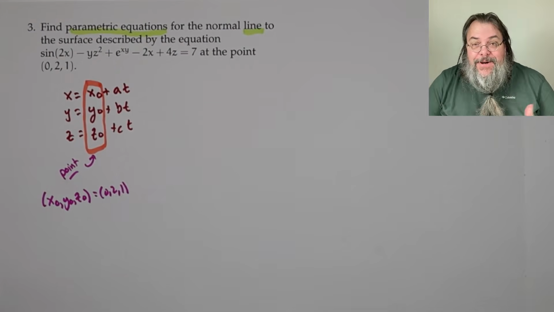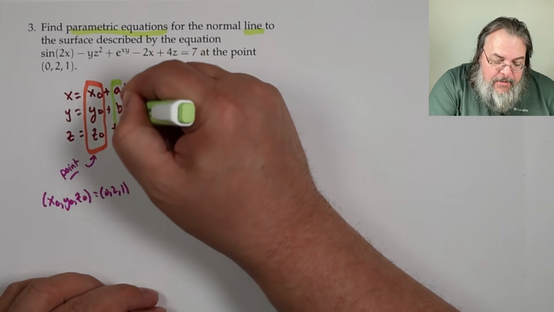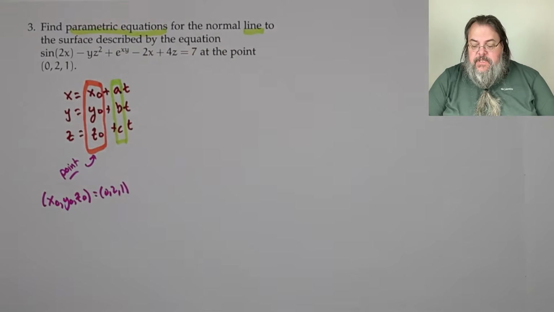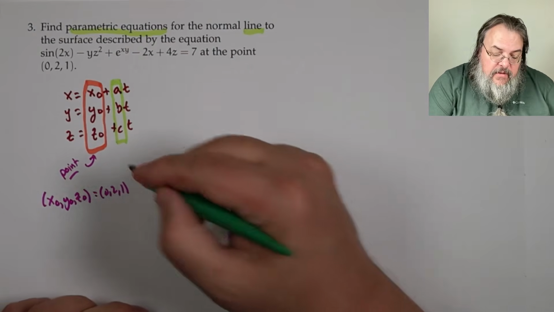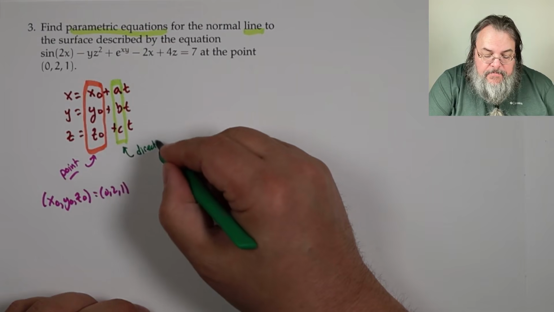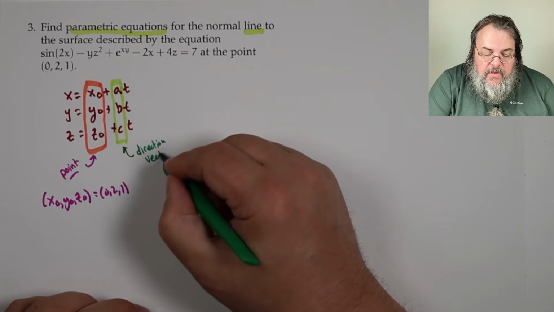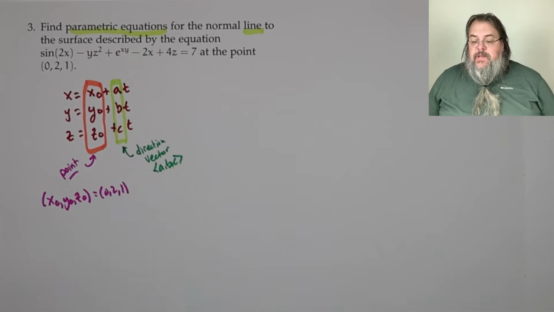So where's the work? Well, it's this piece right here, this ABC. And what does that represent? As a walk down memory lane, this ABC is our direction vector. So that's where we're going to spend our time.